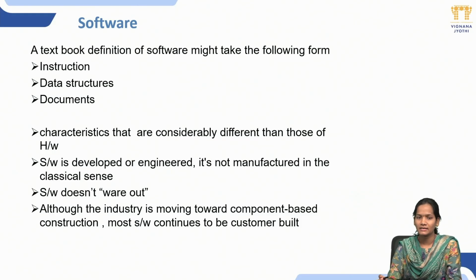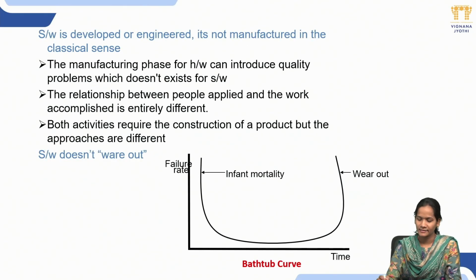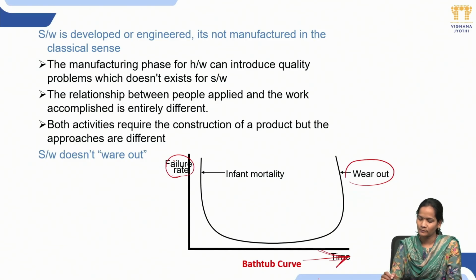And the next thing is that software is completely custom built. This is the diagrammatic way we can say it here. This is the bathtub curve we use to show that software doesn't wear out. Here this is the failure rate, and this is the wear out rate. We use time on the x-axis, and how much failure rate is happening on the y-axis.